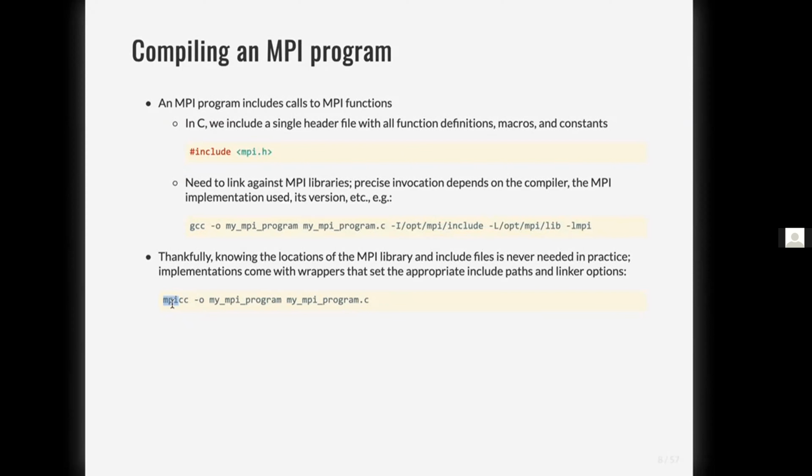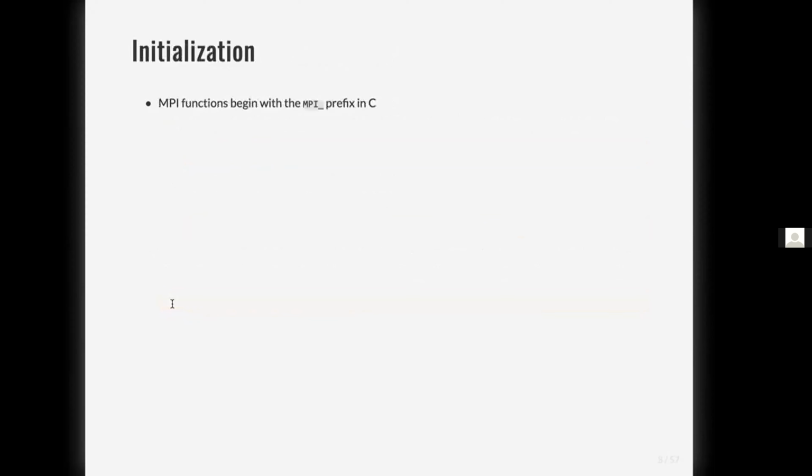Okay, so let's look a bit more in detail at some MPI functions. First of all, MPI functions begin with this prefix in C. In C++, this is a namespace, but we won't be looking at C++ today.